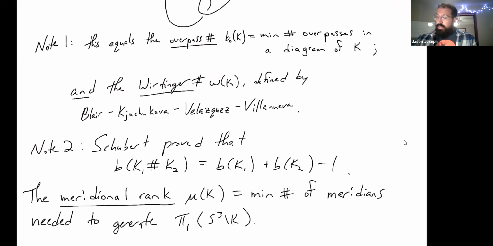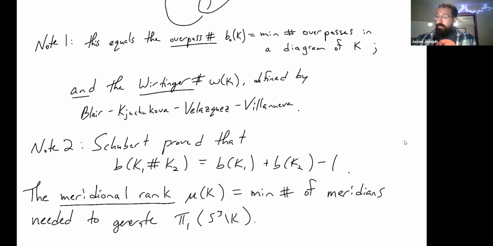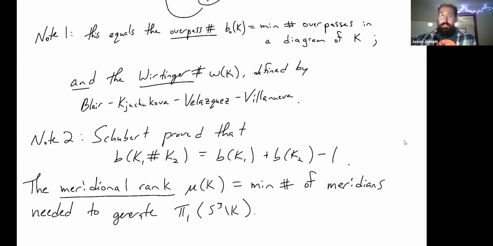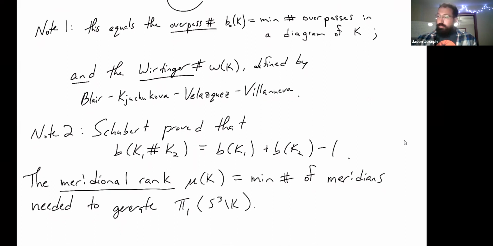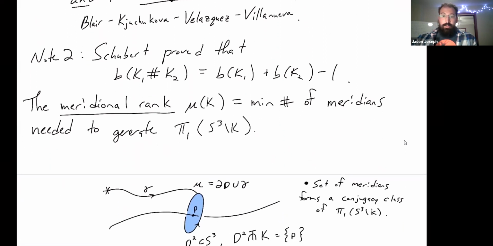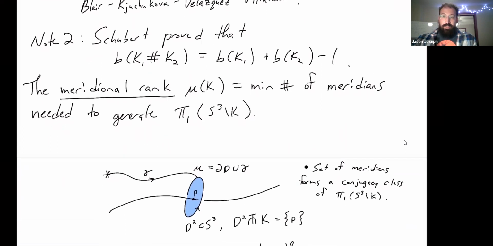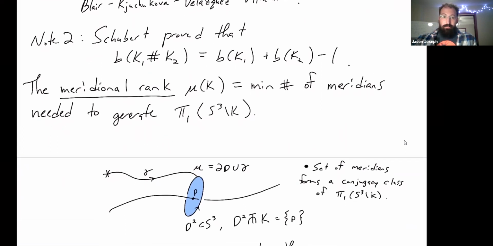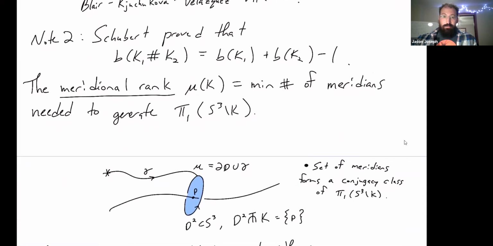What is meridional rank? It is the minimal number of meridians that you need to generate the knot group, that's the fundamental group of the exterior. Here's a little picture of a meridian. Your knot is out there in the world, and it has this 2-dimensional normal bundle.